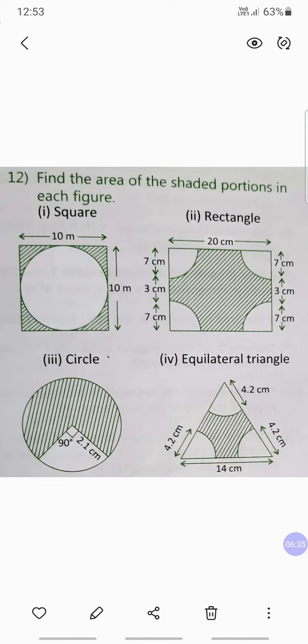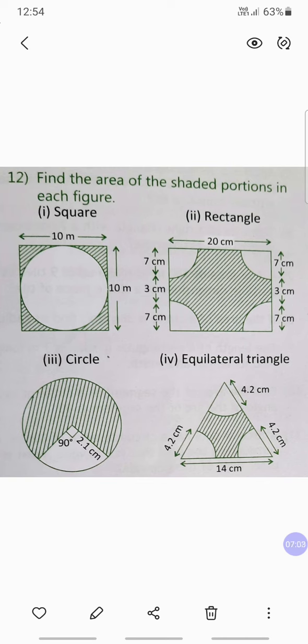Question number 10 and 11 are similar. Let's move to question number 12. Find the area of shaded portion in each figure. In the first question, a square of side 10 is given, so you can find out the area of the square, and a circle has been given, so the diameter will be equal to 10 and the radius will be 10 by 2, that is 5 centimeter.